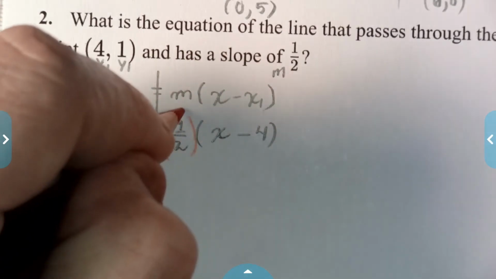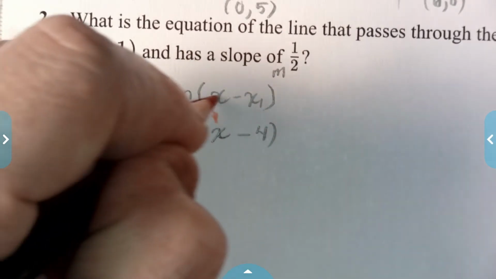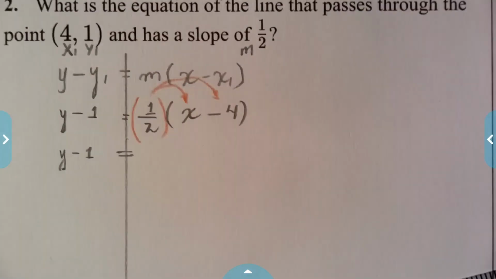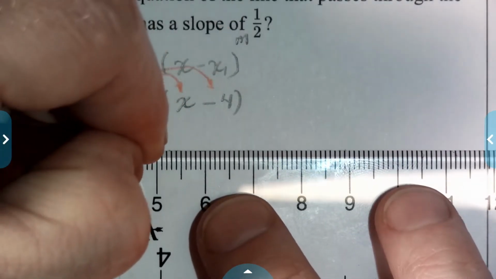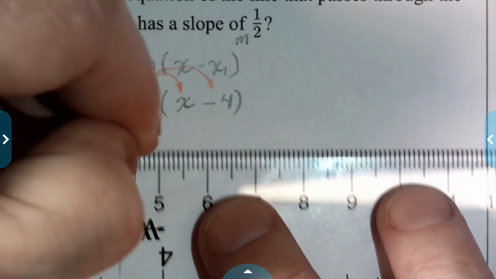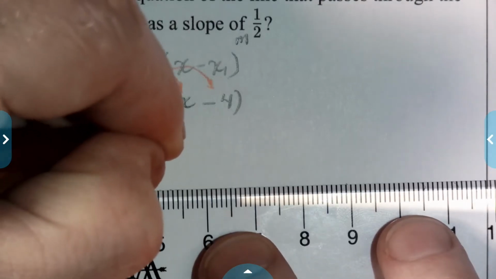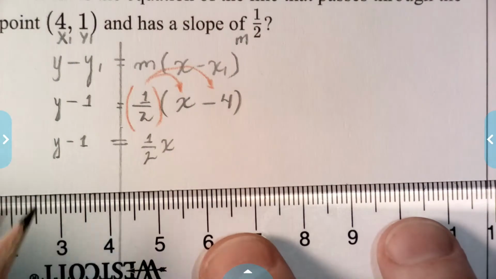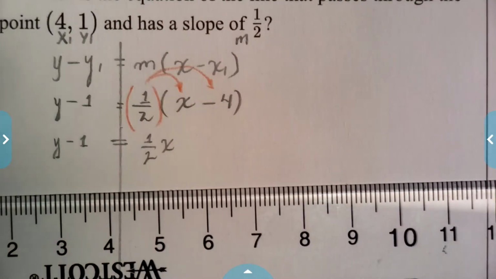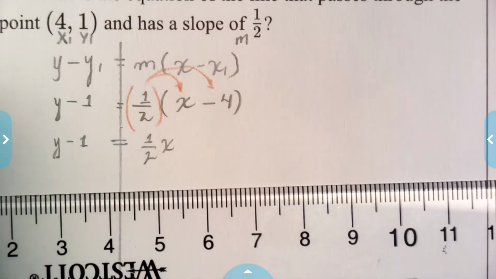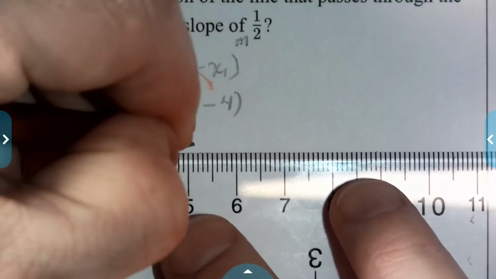So you have 1/2 multiplied by x and 1/2 multiplied by -4. Well, 1/2 by x is just 1/2 x. And then you're basically dividing -4 by 2, so that's just -2 minus 2.